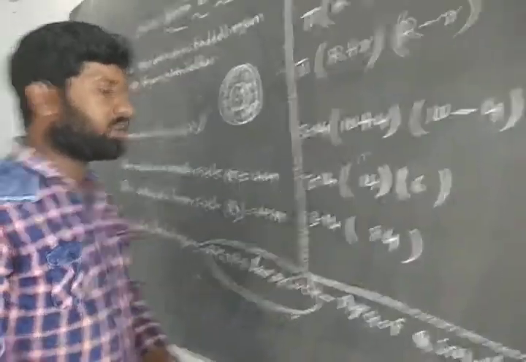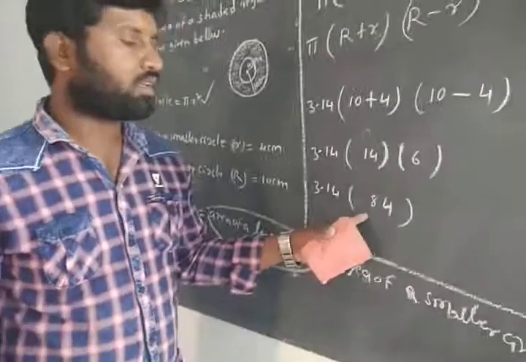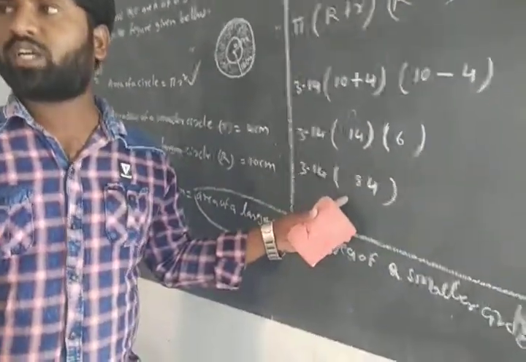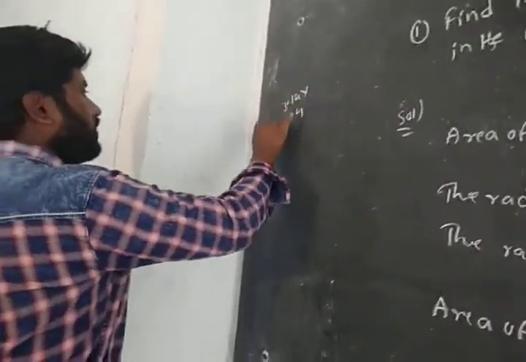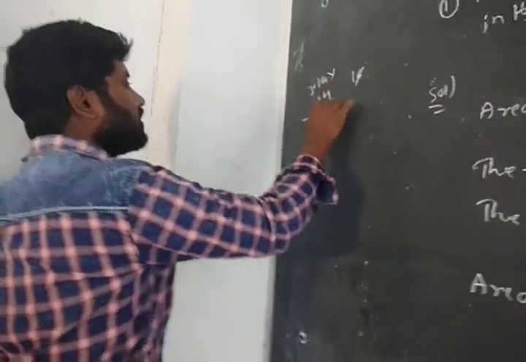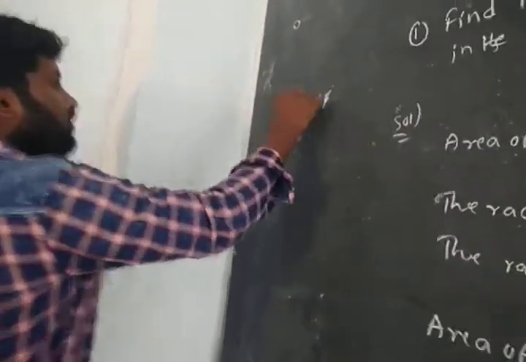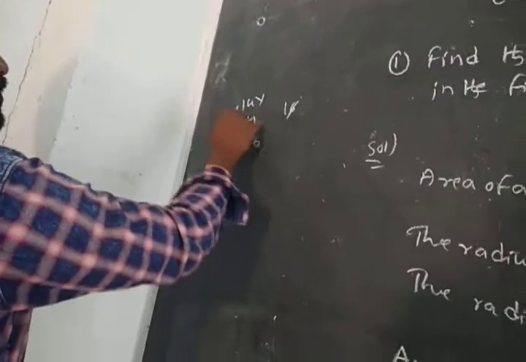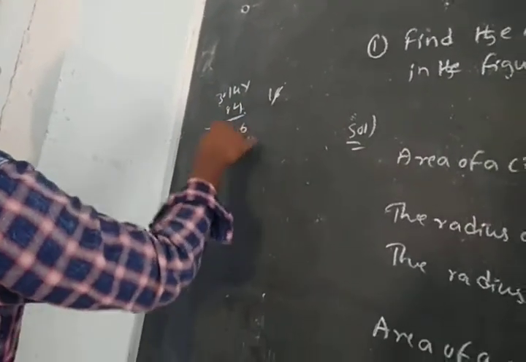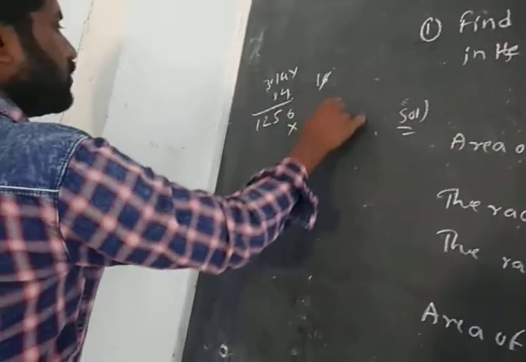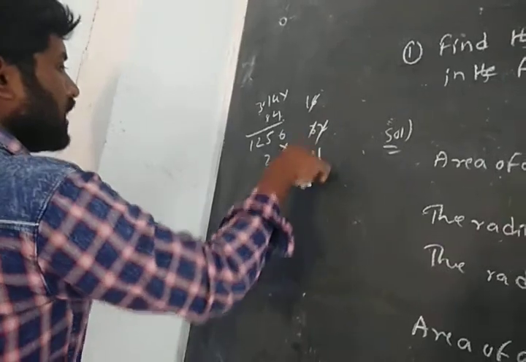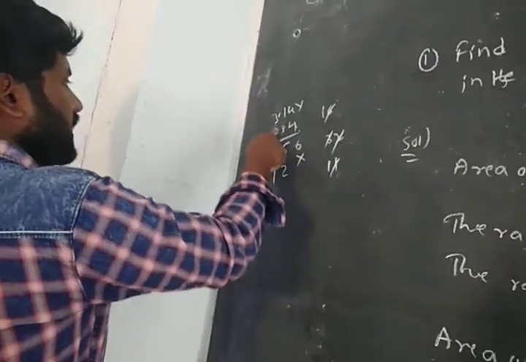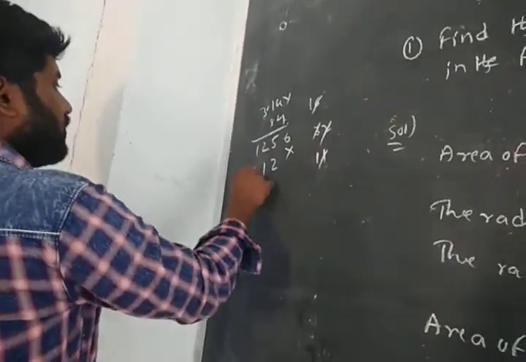Now multiply 3.14 into 84 and you will get the required answer. 4 4s are 16, 6 and 1 is 7, 4 3s are 12, then 8 4s are 32, 8 1s are 8, 8 plus 3 is 11, 8 3s are 24 plus 1 is 25.